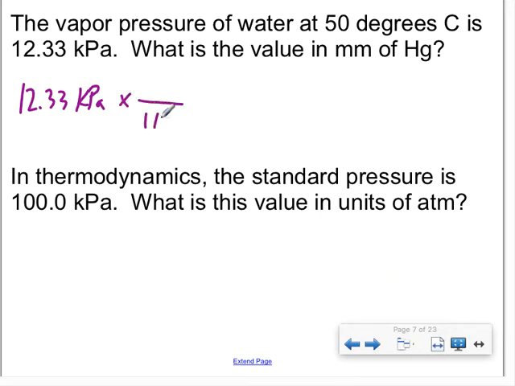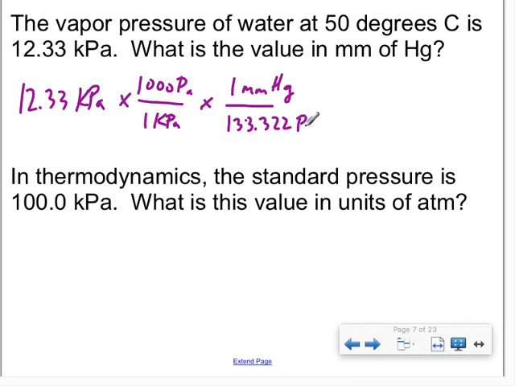And then I want to get to millimeters of mercury. And if I'm not mistaken, it was 133.322 pascals. So my pascals will cancel out, my kilopascals are going to cancel out. I multiply and divide across, and I get about 92.48 millimeters of mercury.